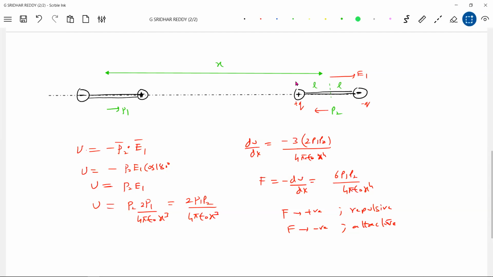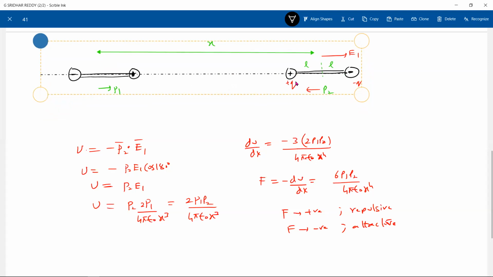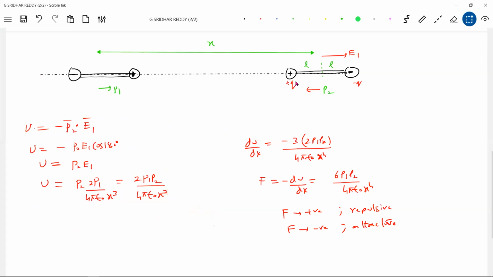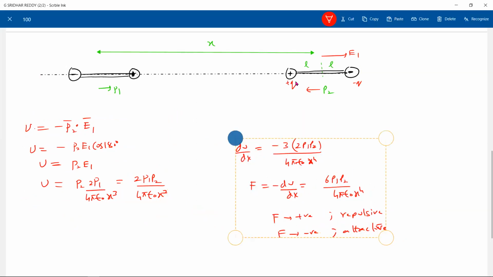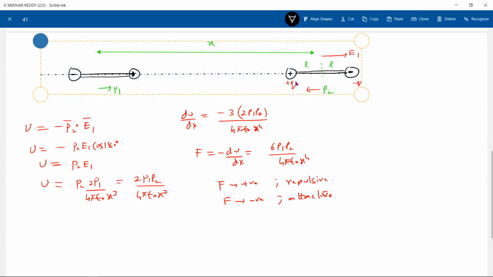Now, similarly, look at how the electric dipole moments are in opposite directions. If the electric dipole moments are in the same direction, what conditions will arise? Slightly, I'll change the diagram.